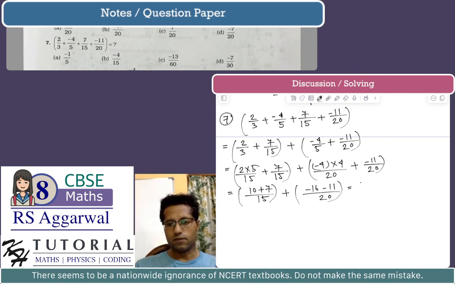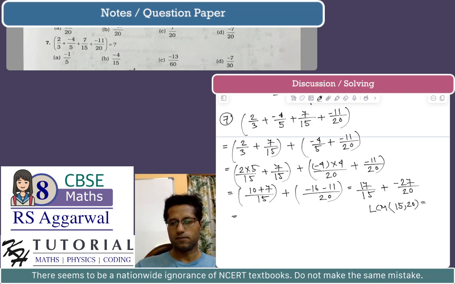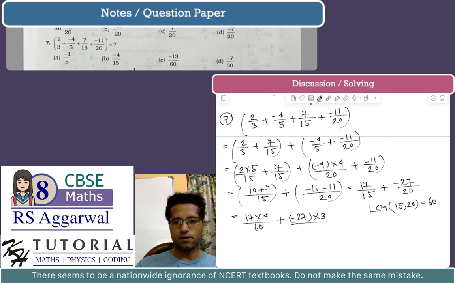So this is equal to 17 by 15 plus minus 27 by 20. Again the denominators are different, so we have to find the LCM of 15 and 20, which I guess is equal to 60. So this will be 17 multiplied by 4 divided by 60 plus minus 27 multiplied by 3 divided by 60.